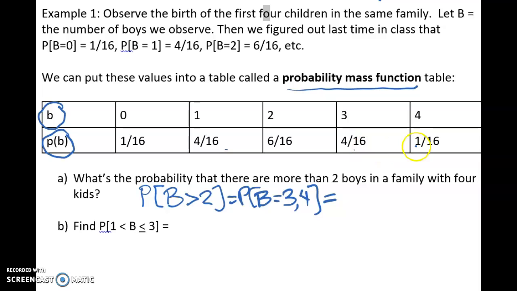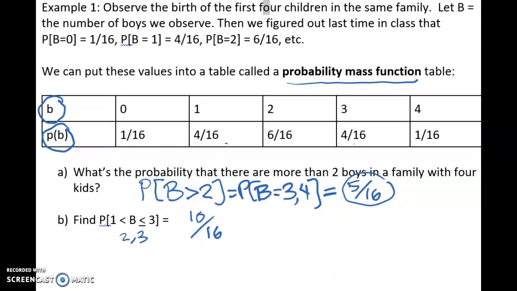So 4/16 plus 1/16 would be 5/16. That's the probability of more than 2 boys in a family of 4 kids. What's the probability that B is between 1 and 3, including 3, not including 1? So that would be just the values 2 and 3, right? And so for that, that would be 10/16. So notice you can find lots of different probabilities that way. All right, let's continue.